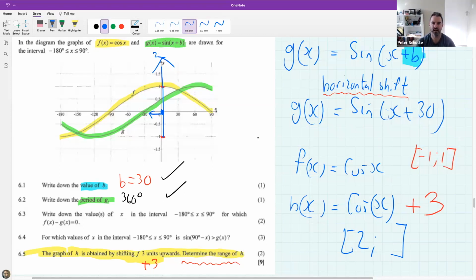The highest value it's going to get to is going to be 4. So that's a 2-mark question. It's 1 mark for recognizing the type of change, and another mark for saying what the range is.